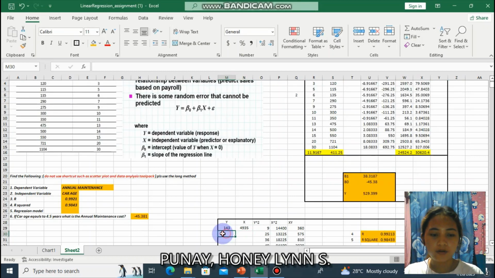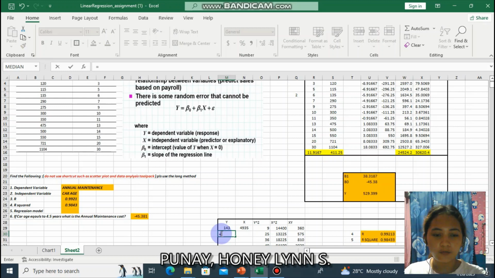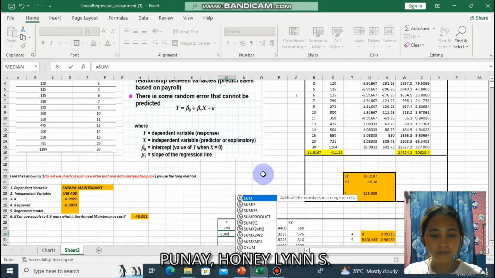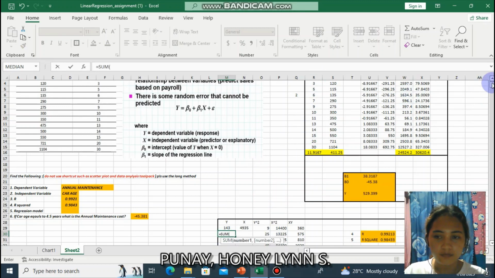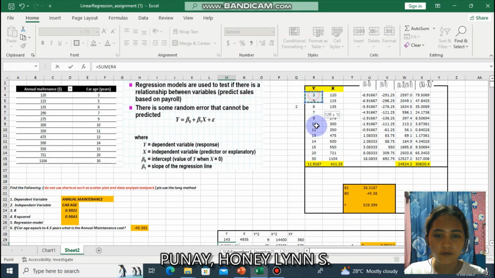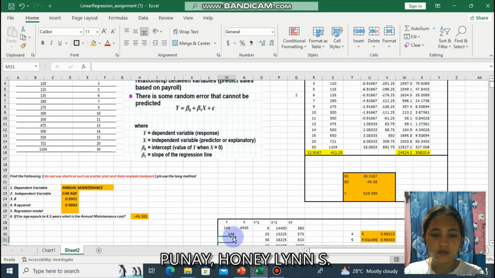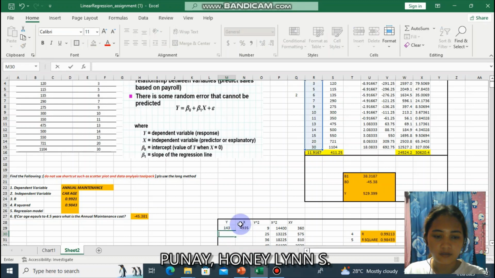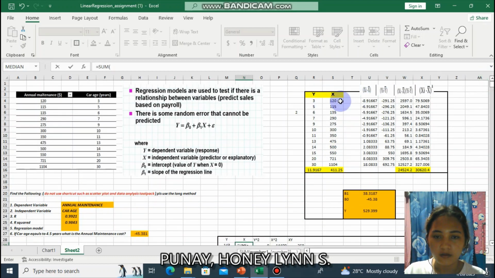For example, equals sum, the value of y, then enter. Then equals sum, the value of x, enter.